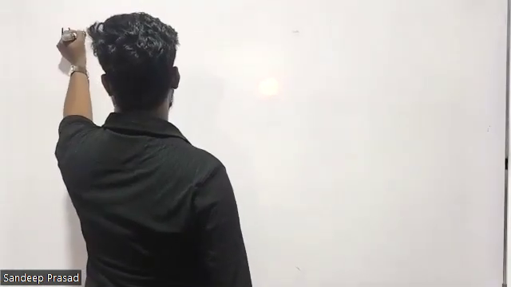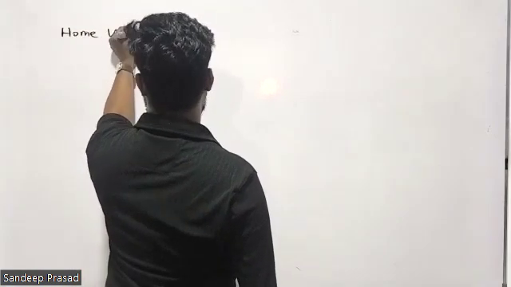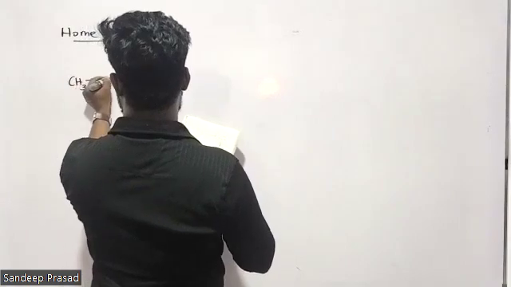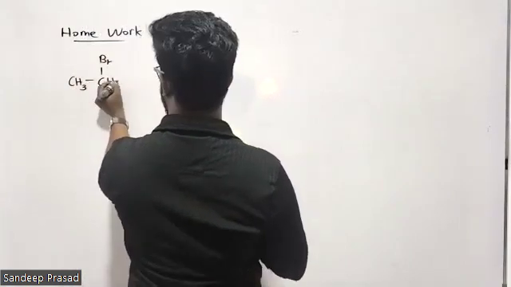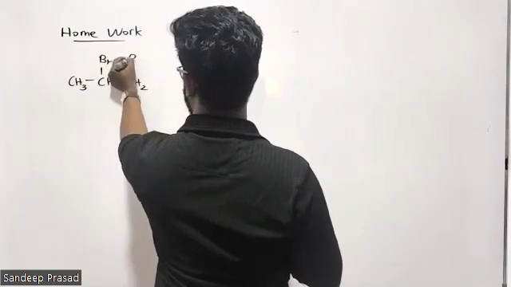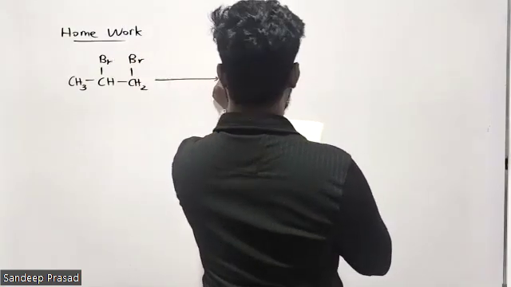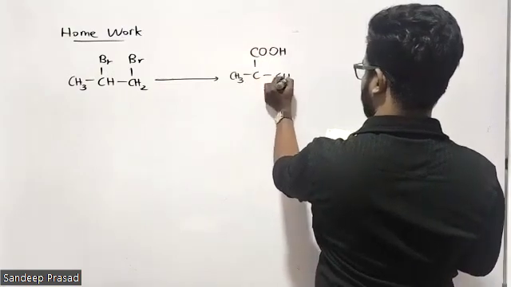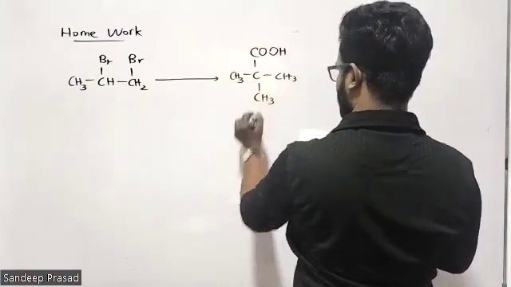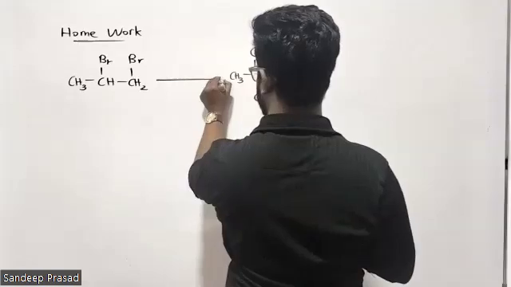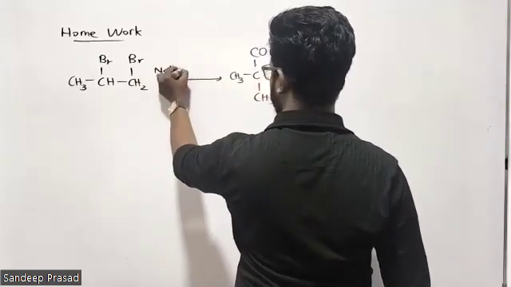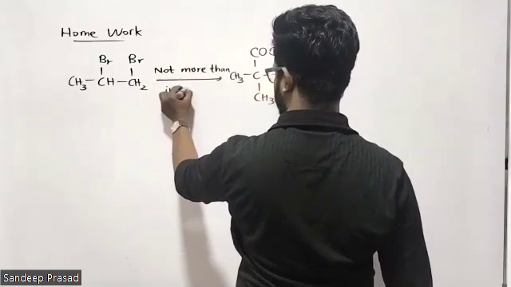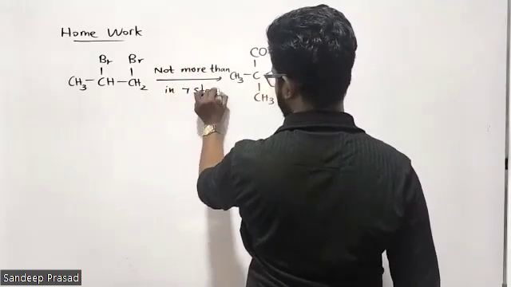So I gave you 3 conversions and I'm going to add another 2 conversions to that. CH3, CH, ER. You have to do this conversion in not more than 7 steps.